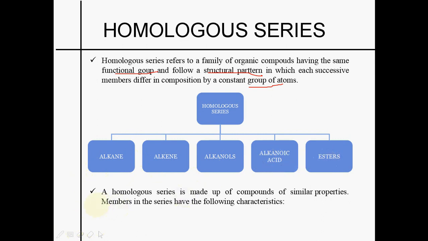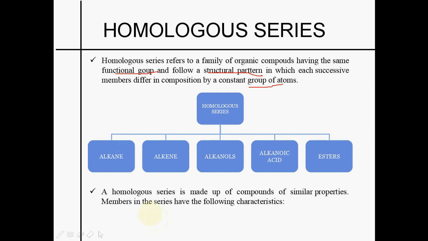Then one thing that we have to keep in mind is that homologous series is made up of compounds of similar properties. But the question is, how can we classify a particular organic compound or molecule to fall into a particular homologous series?